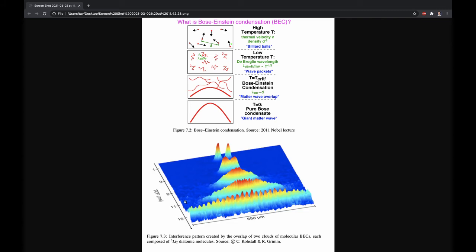This other picture shows the double slit experiment with the Bose-Einstein condensate. They cooled down these lithium-2 diatomic molecules and performed the interference experiment, and we see that this is on really measurable scales.